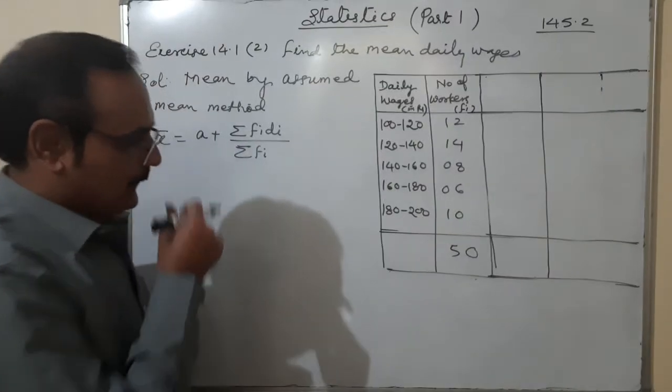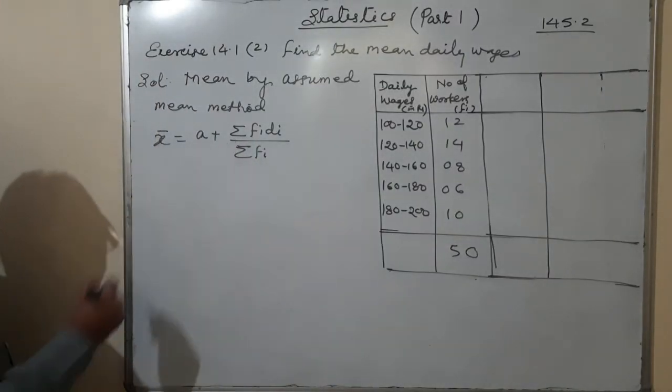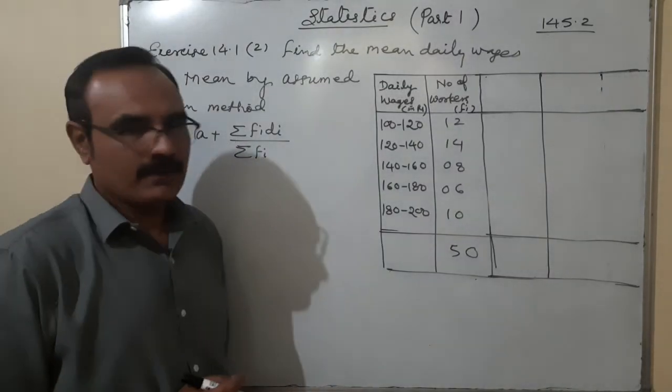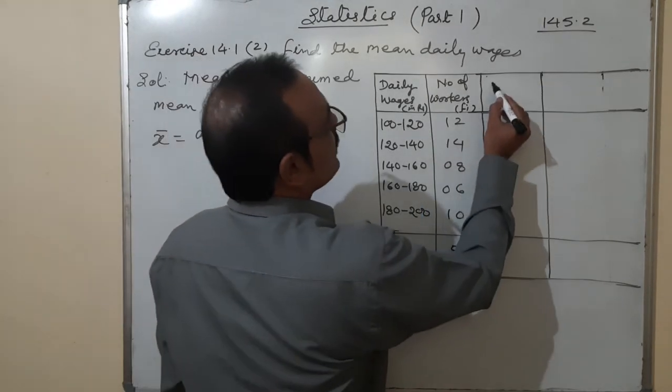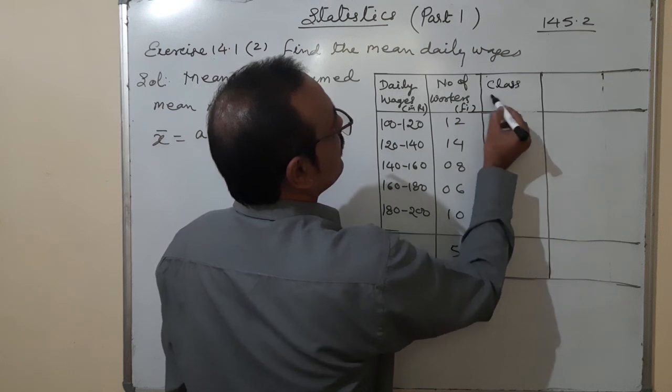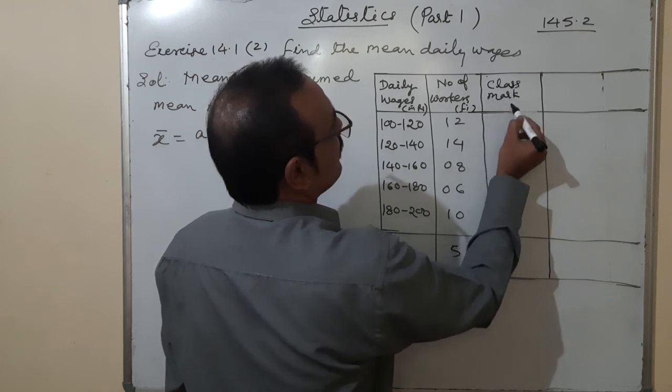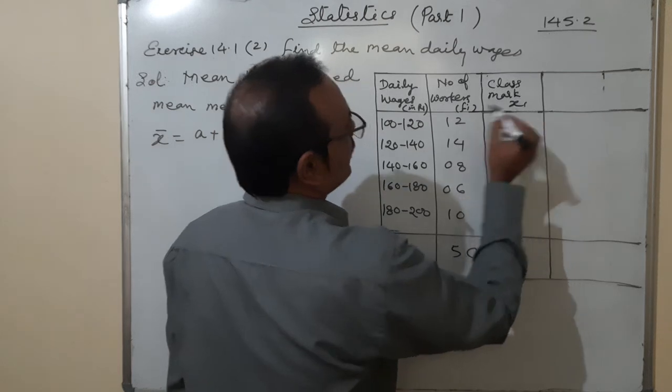We need A plus Fi di upon Fi. Xi, the class mark, is required. It is required. Okay.